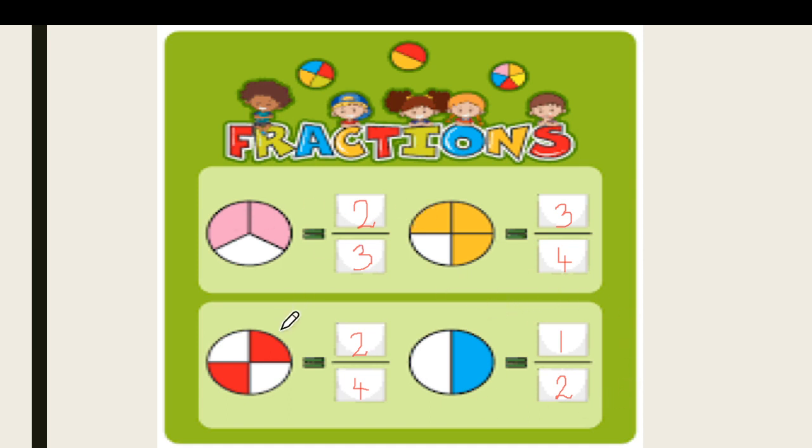These fractions are called non-unit fractions. So please remember, if only one part is shaded, that fraction is called unit fraction. But if we have more than one part shaded, we will form non-unit fractions.